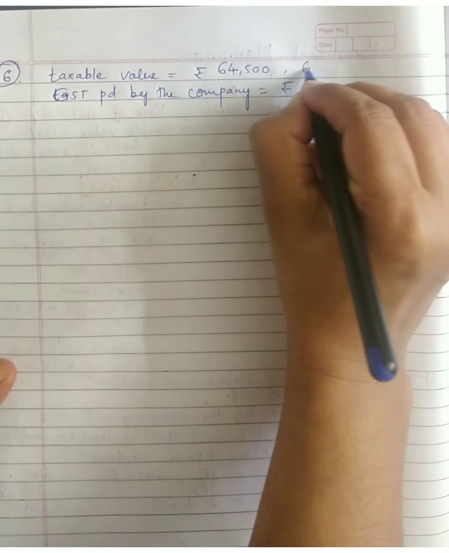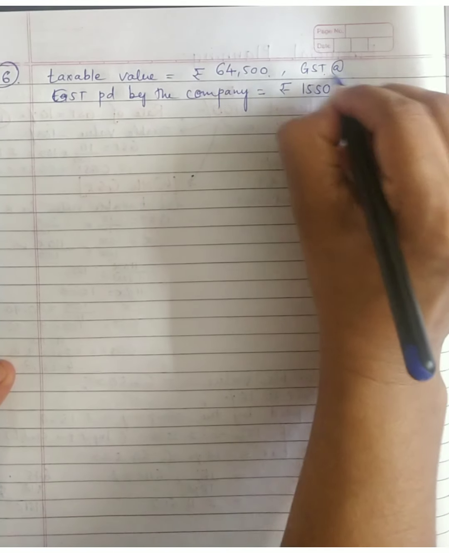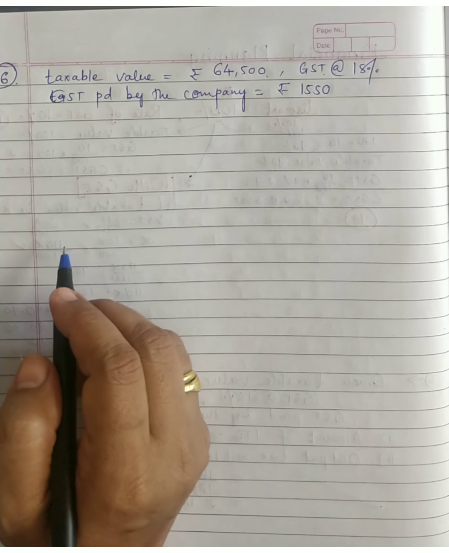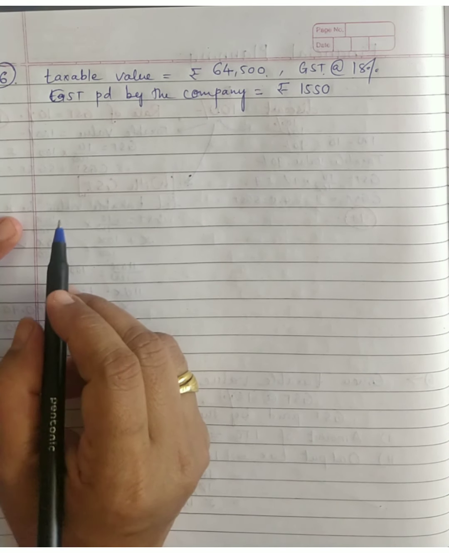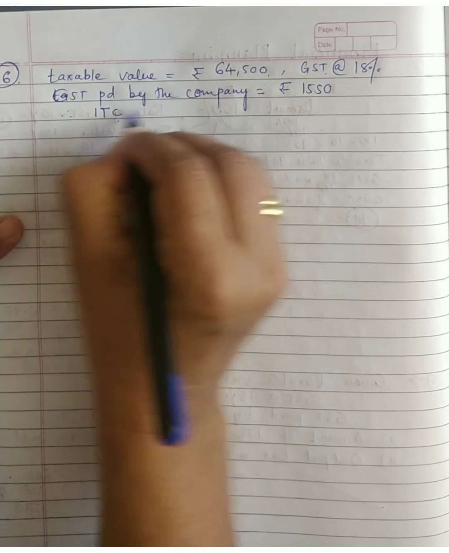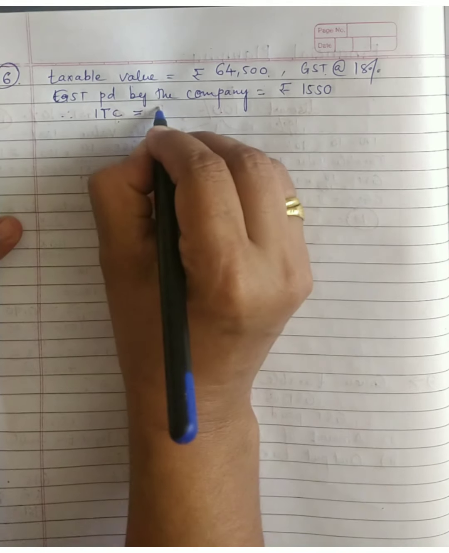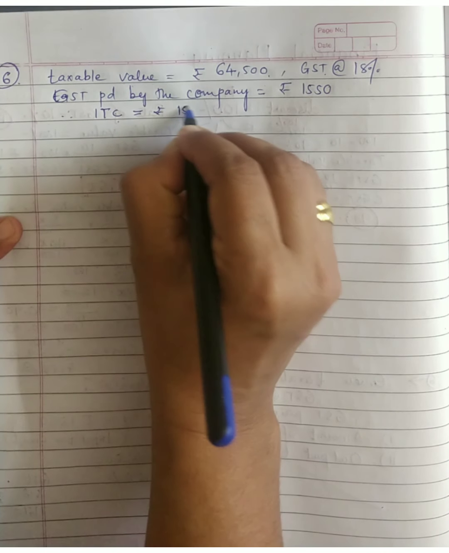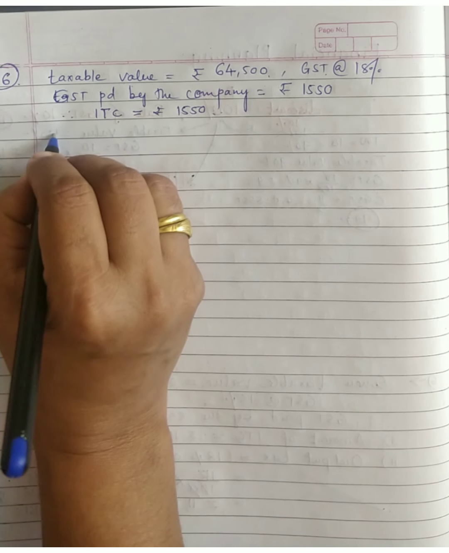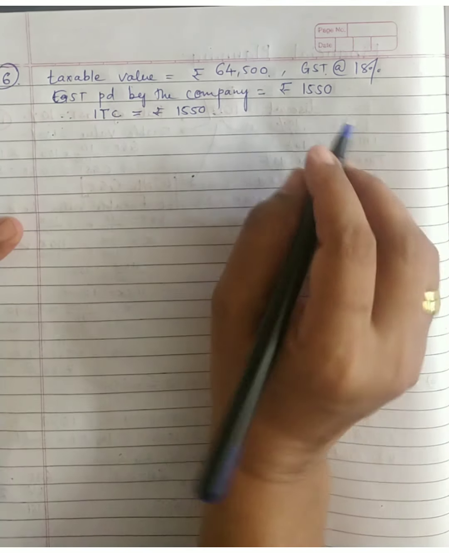Also, what is the rate of GST? 18%. Okay. Then first question, what is the amount of ITC? So you get ITC, that is GST paid by the company, rupees 1,550. Secondly, we have to find the amount of CGST, SGST, etc.